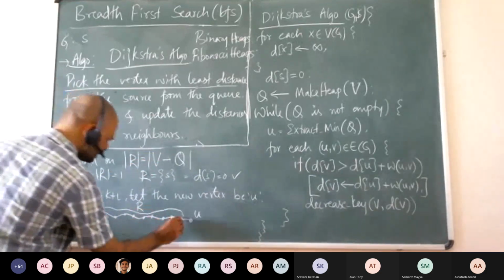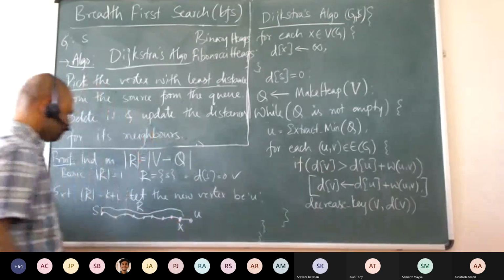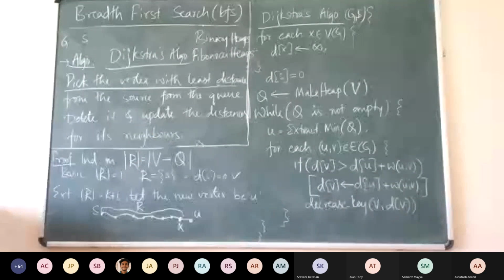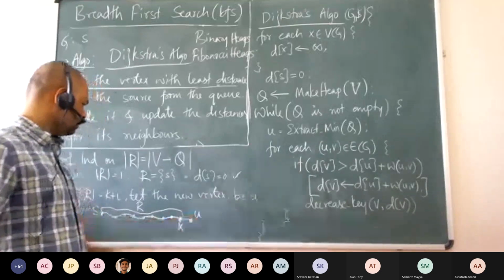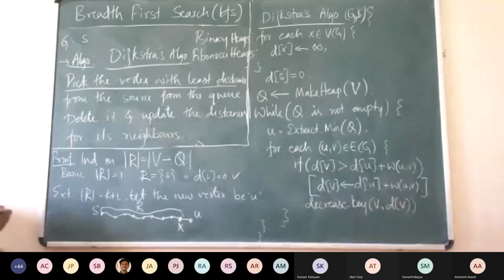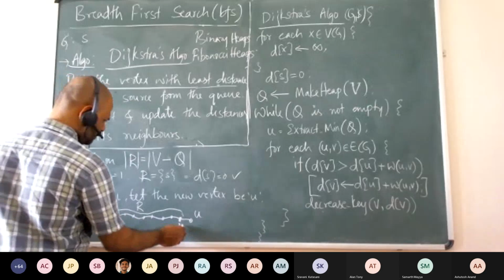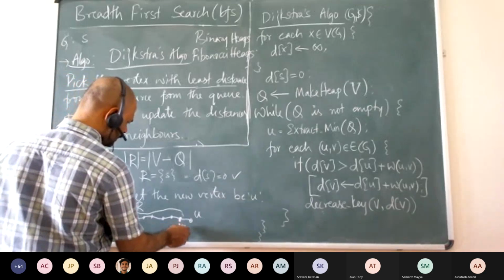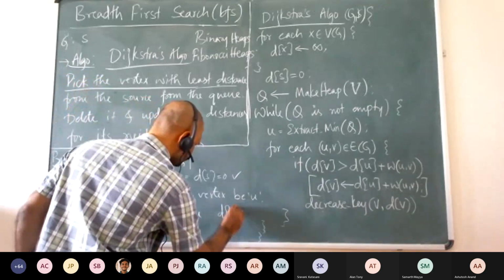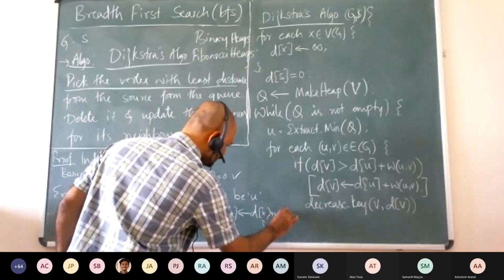Say this particular vertex is X. We know that the distance to X is set correctly, by inductive hypothesis. Now when we had extracted X, we would have set the distance to U as distance to X plus weight of XU.